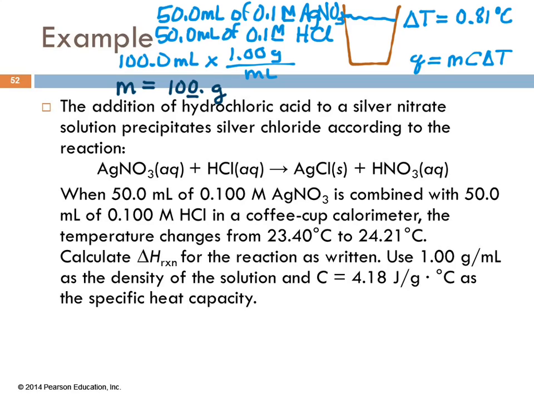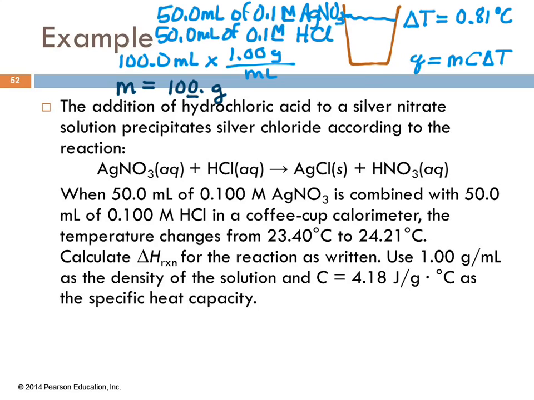So now we have the mass and we have the change in temperature, and they told us right here what the specific heat capacity is. So we can calculate the energy Q absorbed by the solution by the calorimeter.